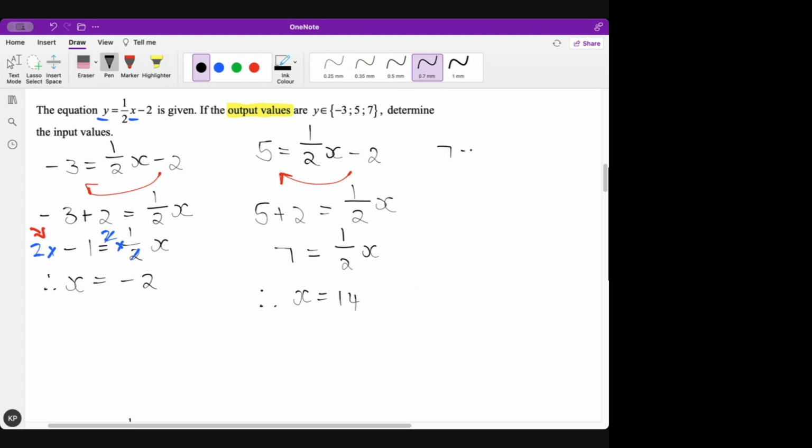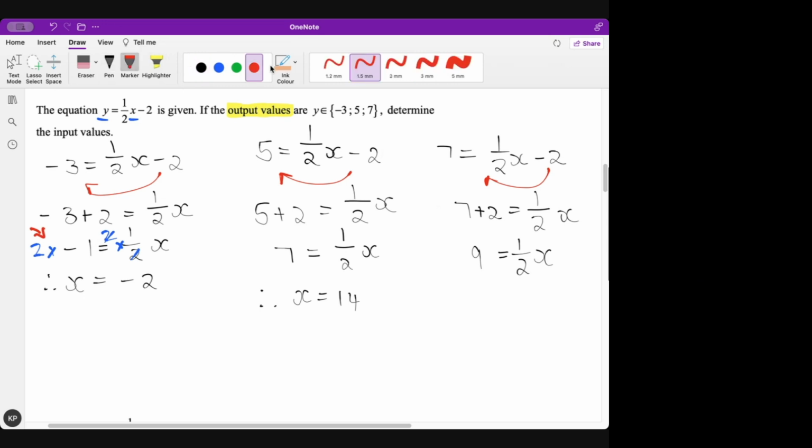And then the last one is 7 is equal to half of x minus 2. Again, my 2 goes that side. 7 plus 2 is a half of x. Tell me how much x is, guys. 9 is equal to a half of x. I'm going to go back and multiply by 2 on both sides. Nope, be careful. We are multiplying by 2, remember, to cancel these guys out.